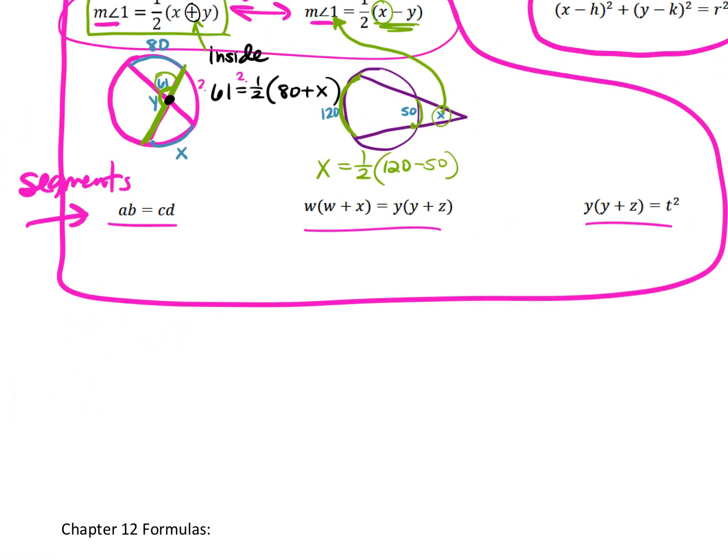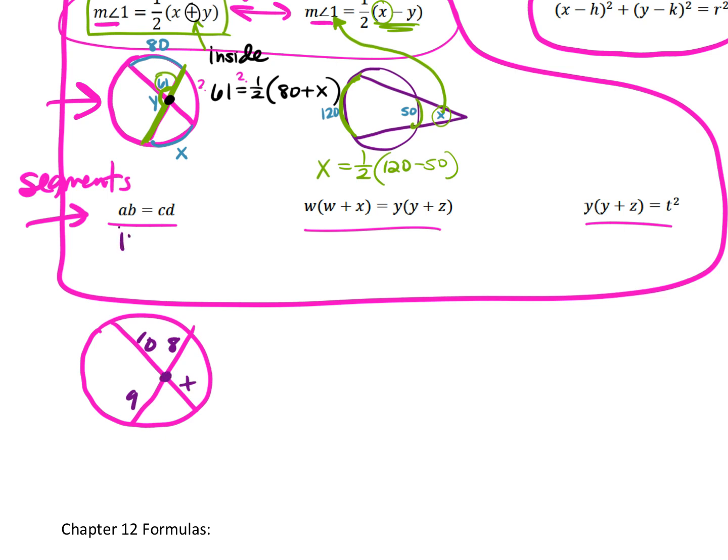The other setup is when we deal with segments. So this one looks very similar to this first one, but it's going to be like 10 and X and 8 and 9. When it meets inside the circle, you're going to use this formula. So that's multiplying the two lengths.